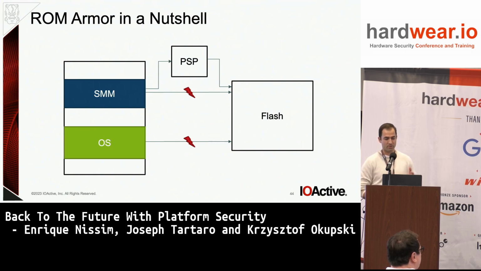So essentially what's going to happen is, if we want to talk to the SPI Flash, or at least to write to the SPI Flash, we have to send a transaction request to the PSP, and the PSP will do it for us. So here we can see, if we go from the operating system, denied. If we go from SMM, denied as well. So essentially, PSP is going to be playing the role of the gatekeeper now.